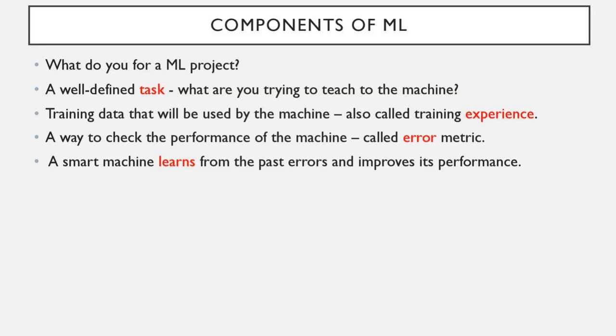Then the student will ask, how will you measure my performance? And you say, I will measure you based on correct answer or based on technique. And then the machine will start taking over, and it will start doing the task. So the three things that you have to define in ML data mining are task, experience, error.